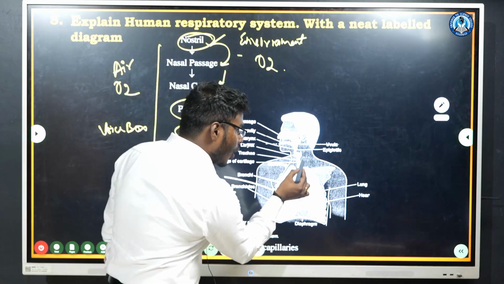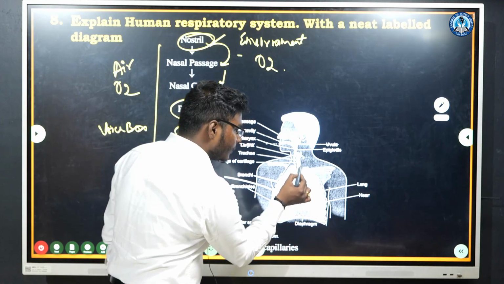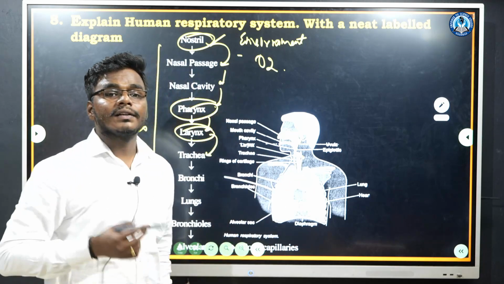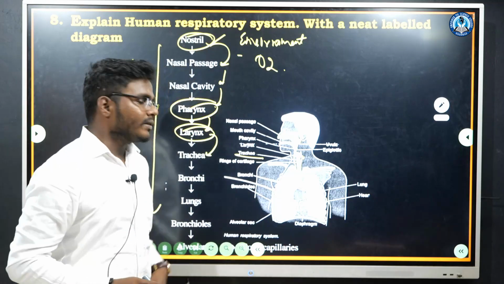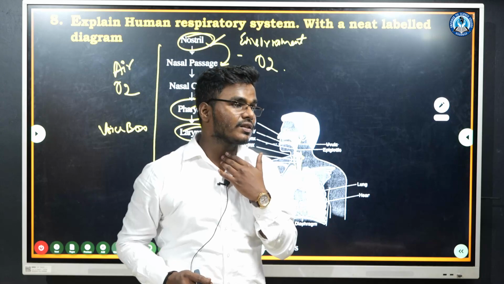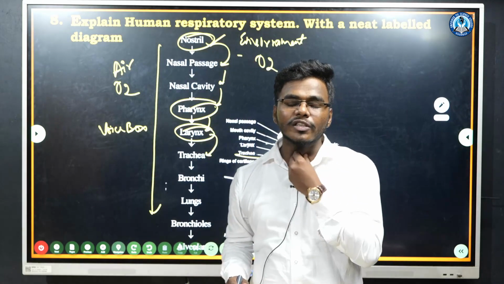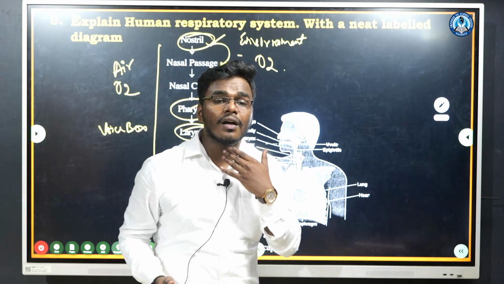Can you see a long tube here? This is the trachea. The trachea extends from your neck region, that is your pharynx and larynx. The larynx is the voice box. Whenever you touch your neck while you talk, you can feel the vibration.